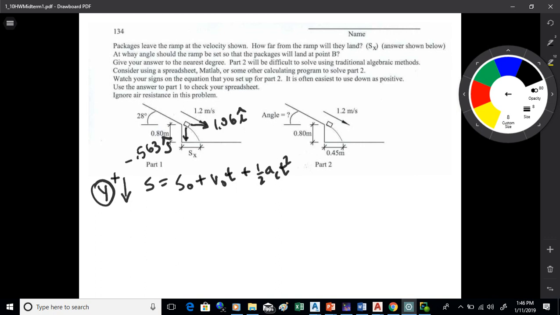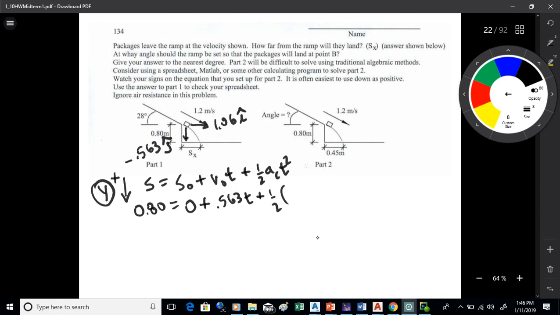Okay, now, if I'm calling positive down, my final position is 0.8. My initial position is 0. I've got 0.563 times whatever the time is. And then I've also got the 1/2 times my 9.81 gravity times t squared.